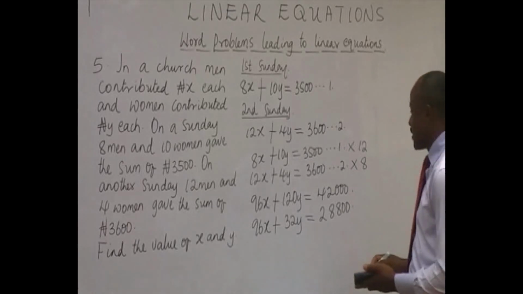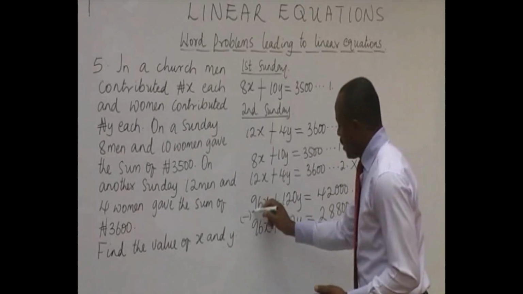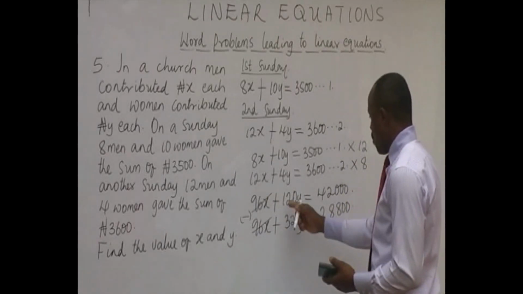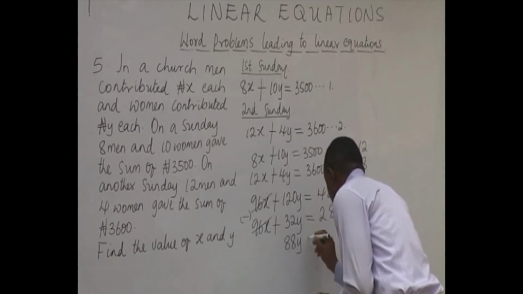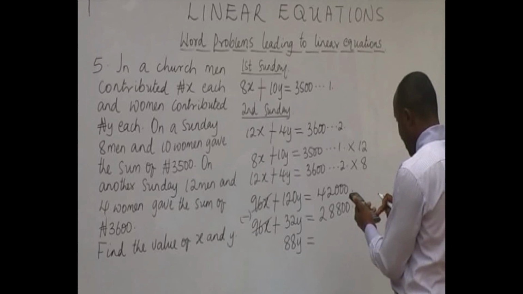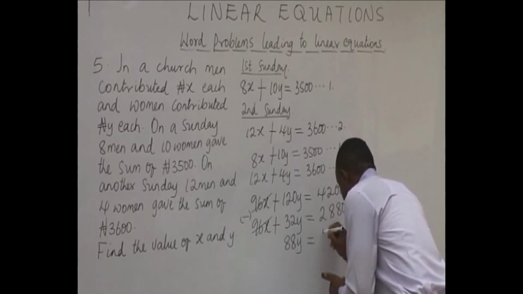Now we can subtract. We subtract this and cancel off. 120 minus 32, 88. So we have 88y is equal to 42,000 minus 28,800, which is 13,200.